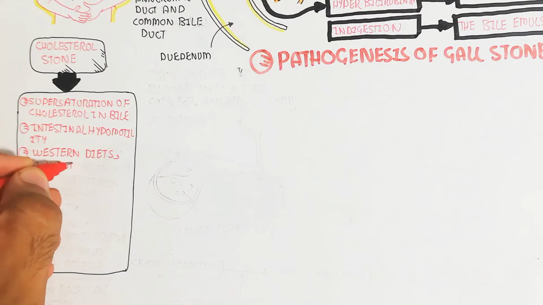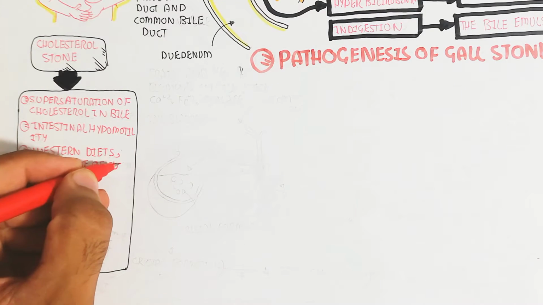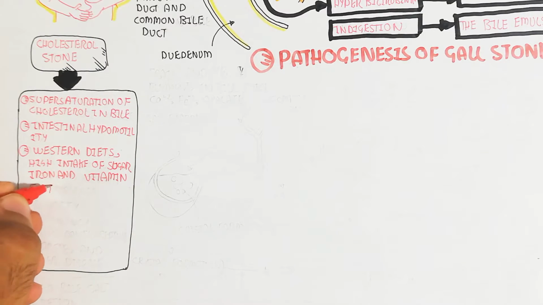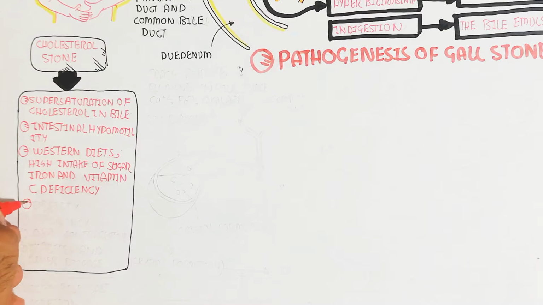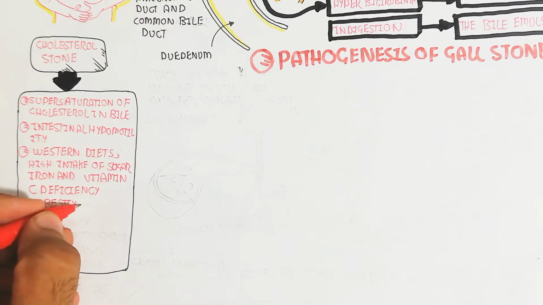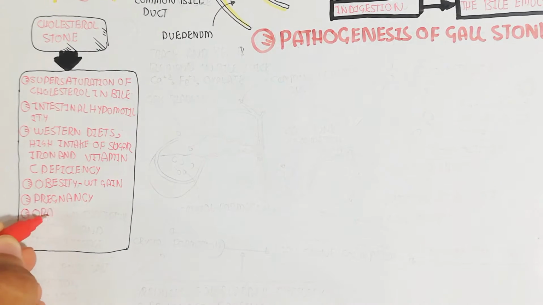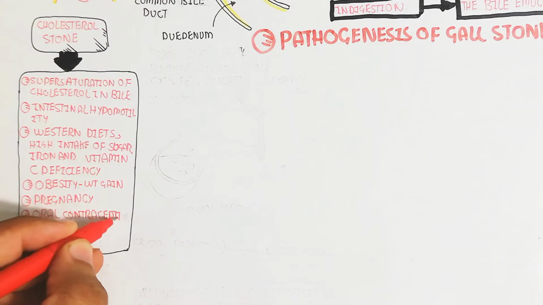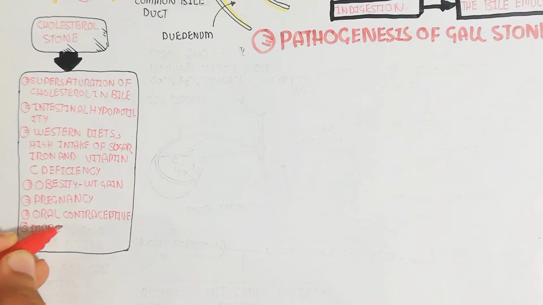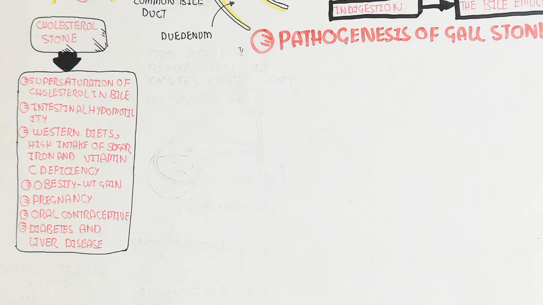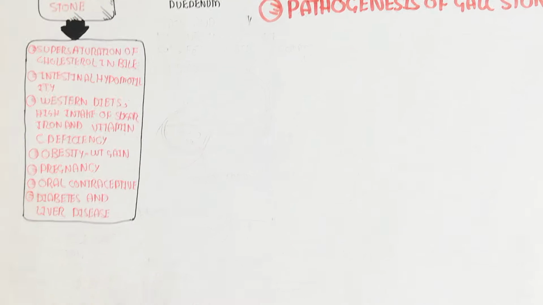And intestinal hypomotility. On the other hand, Western diets, high intake of sugar, iron and vitamin C deficiency, obesity and weight gain, pregnancy, oral contraceptives, diabetes, and liver disease lead to cholesterol stones. Crystal formation will occur from these cholesterol stones, and this crystallization is like arteriosclerosis, the same mechanism.